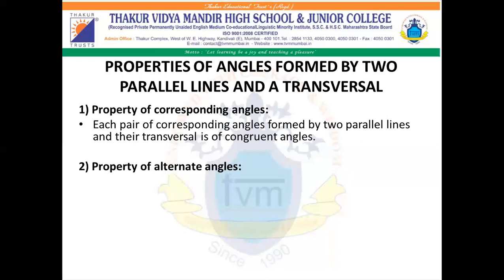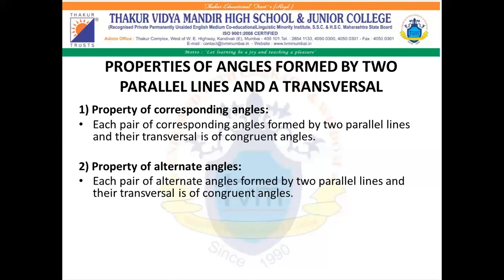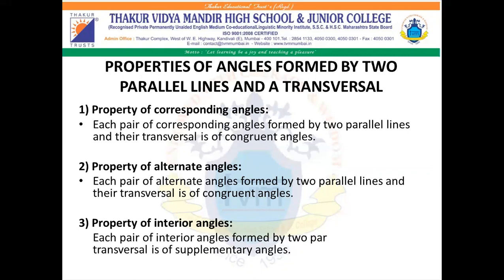Second, property of alternate angles. Each pair of alternate angles formed by two parallel lines and their transversal is of congruent angles. Property of interior angles. Each pair of interior angles formed by two parallel lines and their transversal is of supplementary angles.